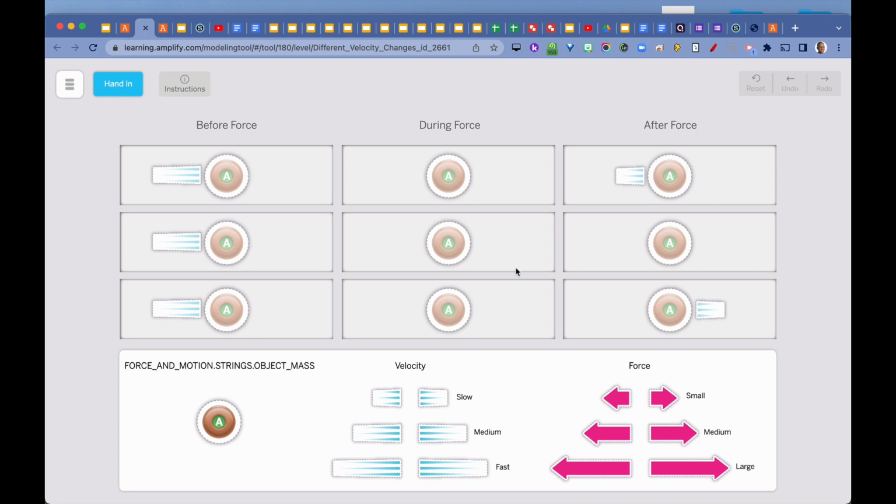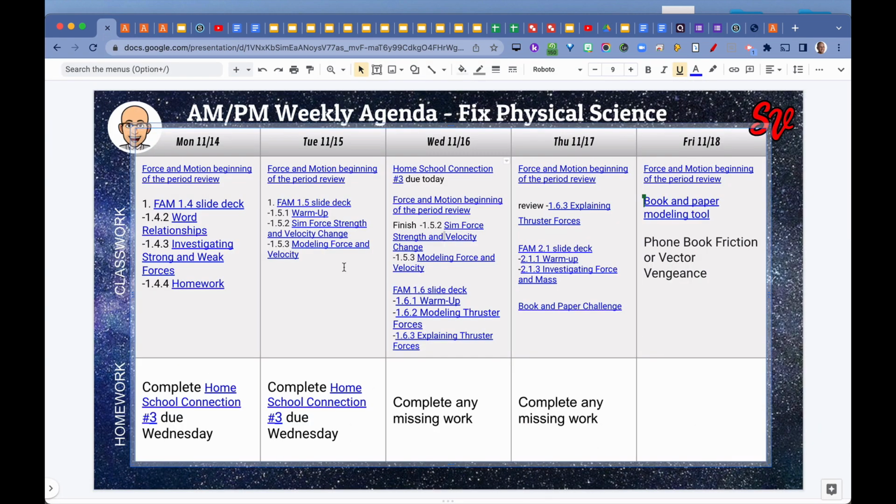So basically it was decreasing speed, and to decrease the speed, they had to exert a force in the opposite direction. The second velocity change is much greater, so to cause that greater velocity change, you had to have a greater, stronger force exerted. And the final velocity change was an even greater velocity change, so you needed an even greater force exerted on that. All right, so that's 1.5.